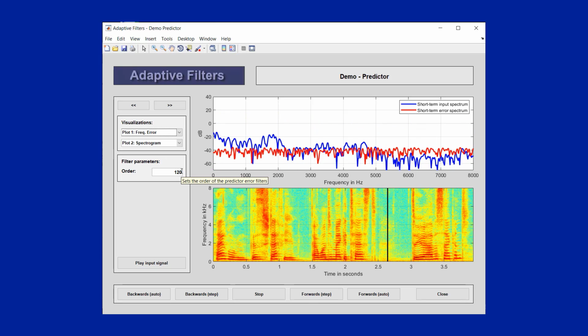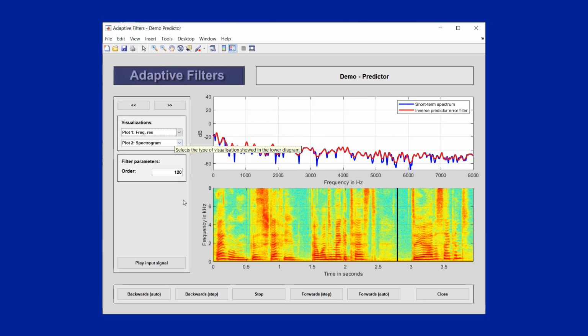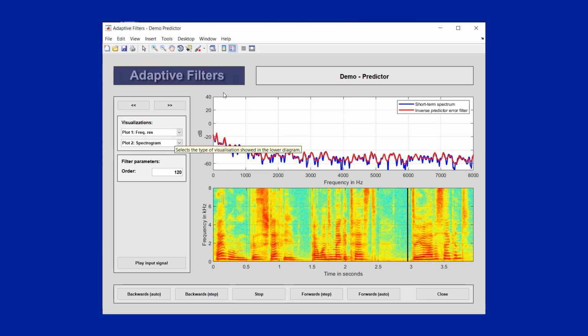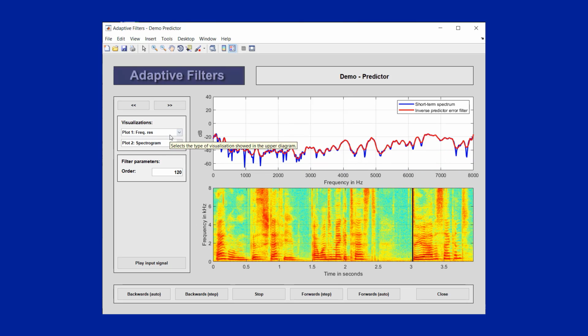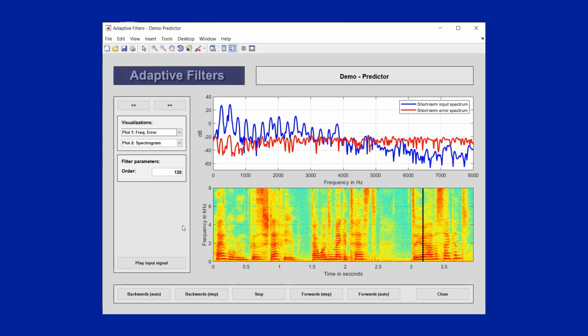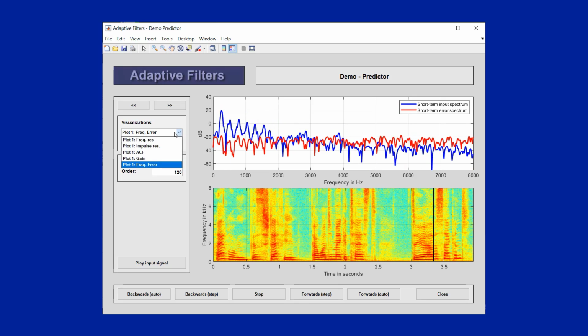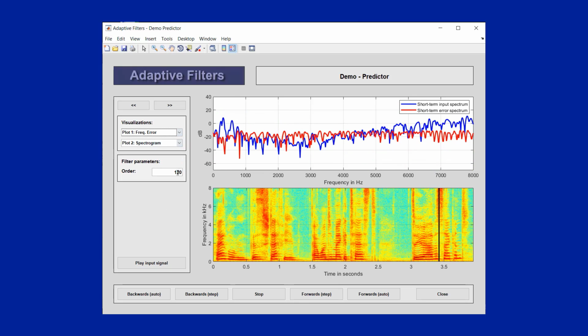So if I increase the number of filter taps and I go back to a frequency response, you can see that here I'm able to get a lot of the fine structure, and then also my error signal will be a little bit better. And I can increase this even more.